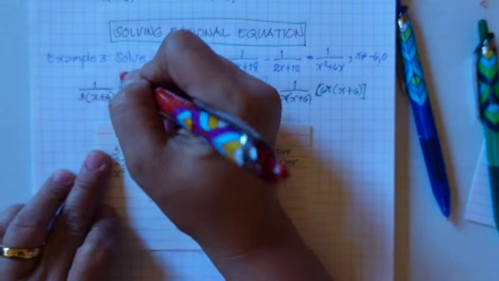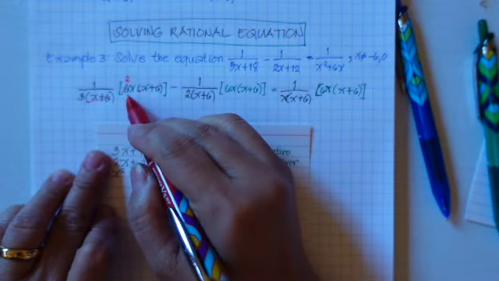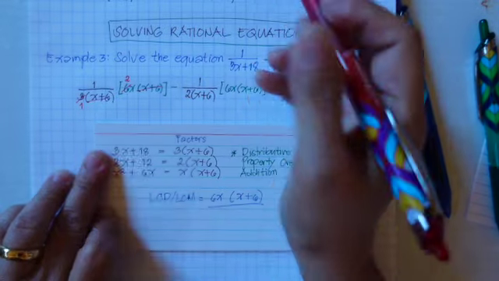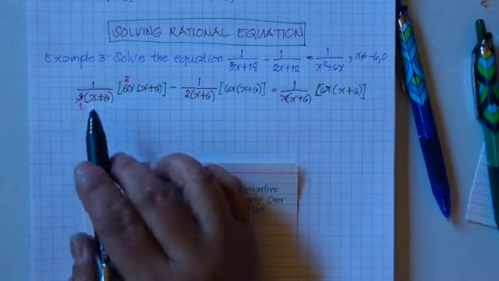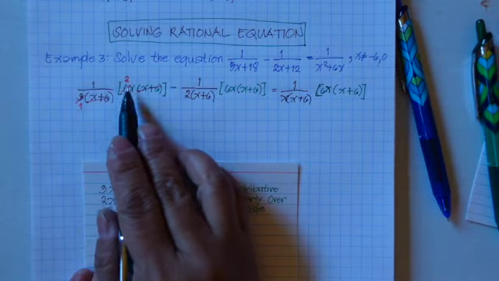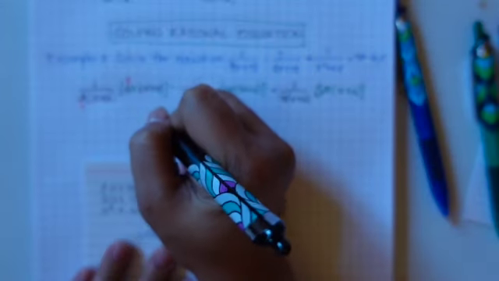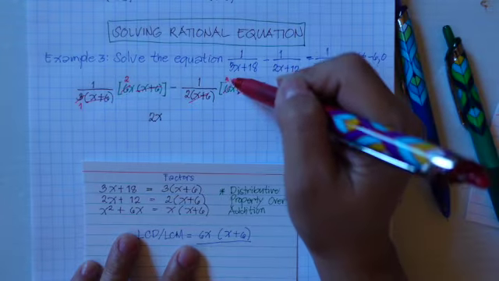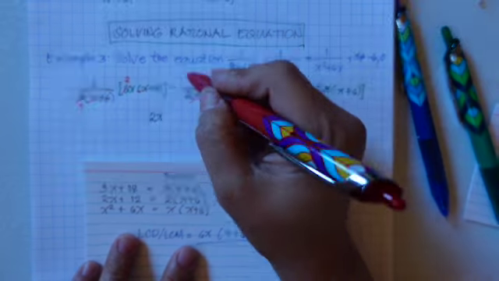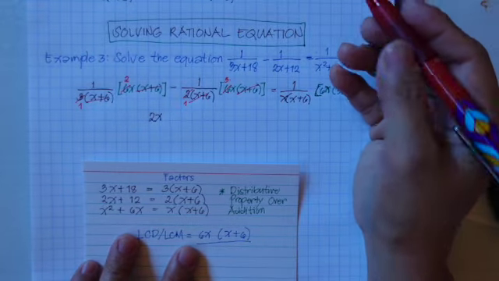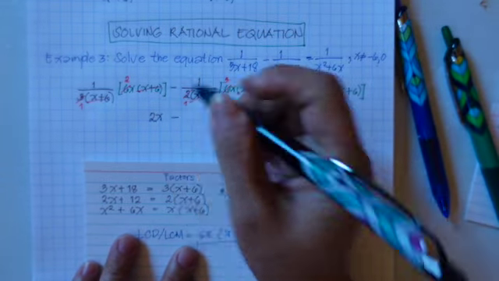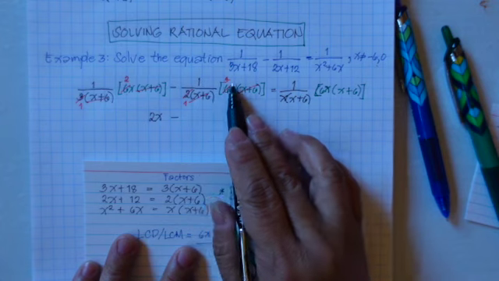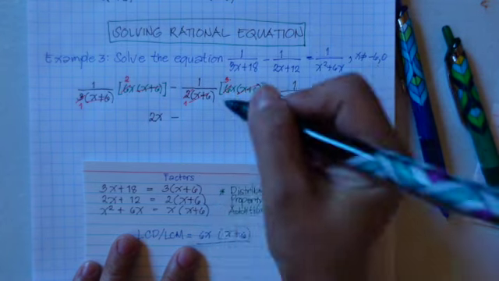We cancel the whole quantity. There are 2 3's that go to 6, and there's just 1 to itself. 1 times 2x. So we have 2x. There are 3 2's in 6, and there's 1 in itself, minus 1 times 3x.